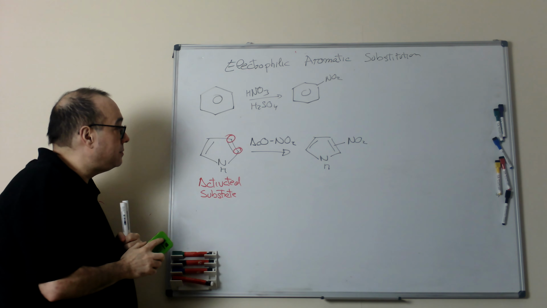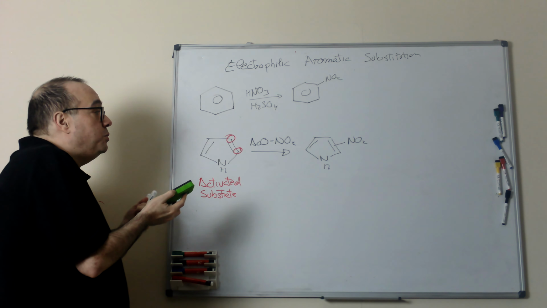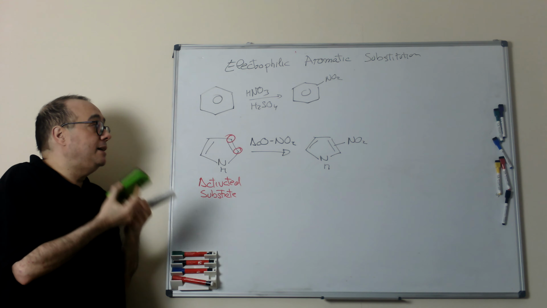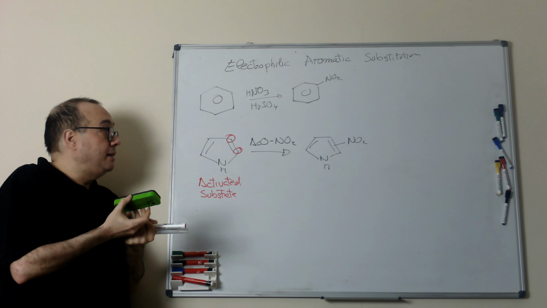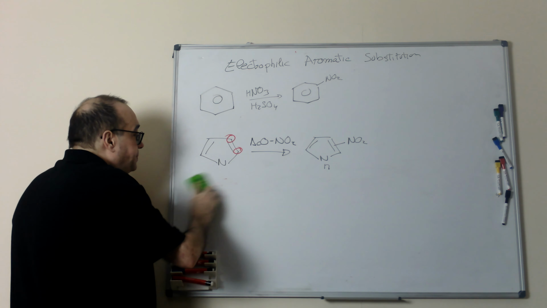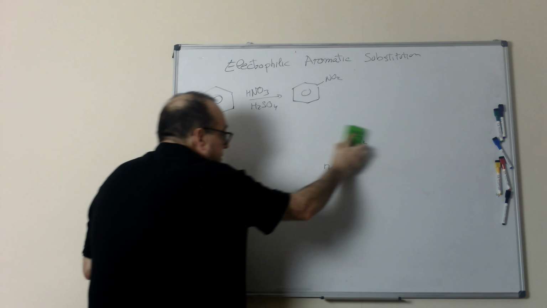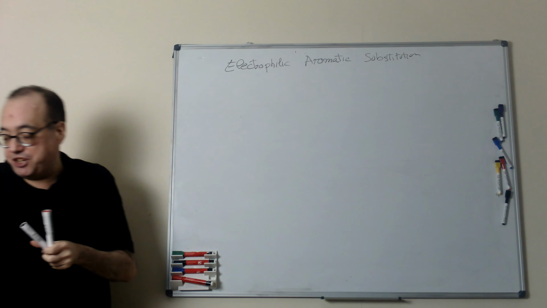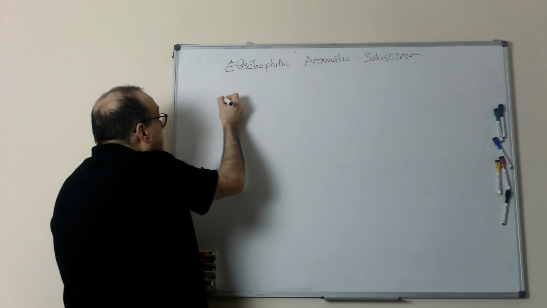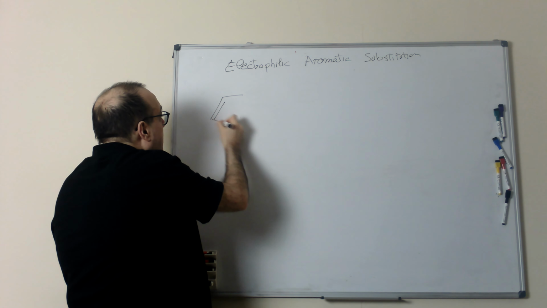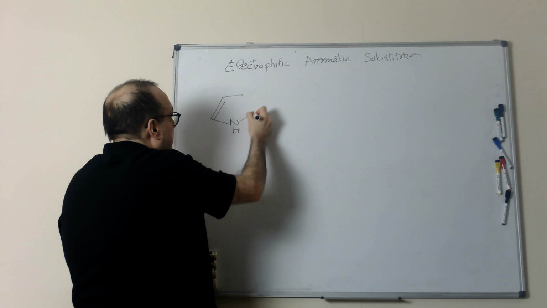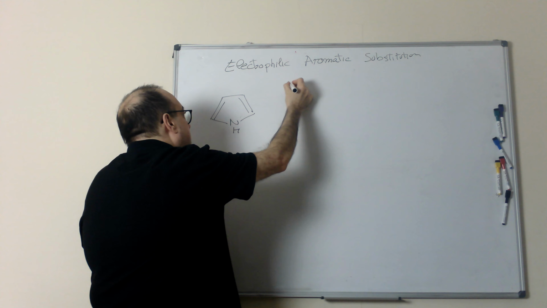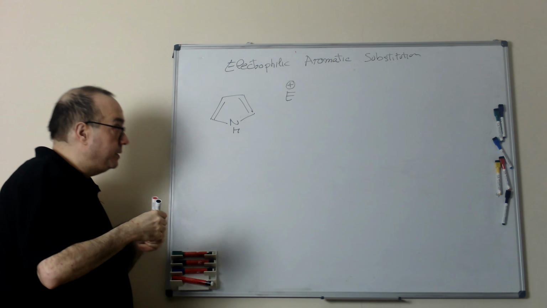Well, in order to know that, we need to analyze the intermediate. Okay? I will do it in a very generic case. We have here the pyrrole, and we react the pyrrole with an electrophile.